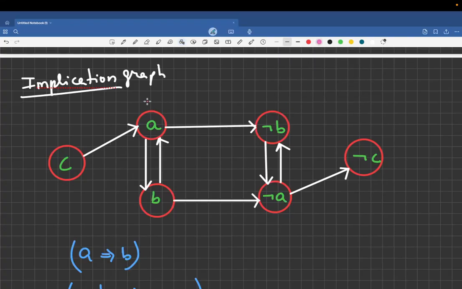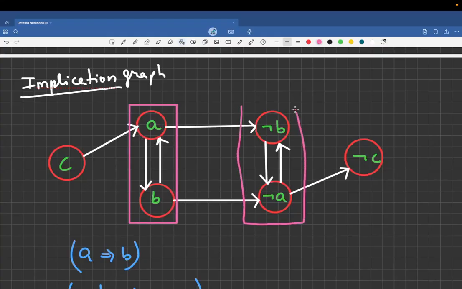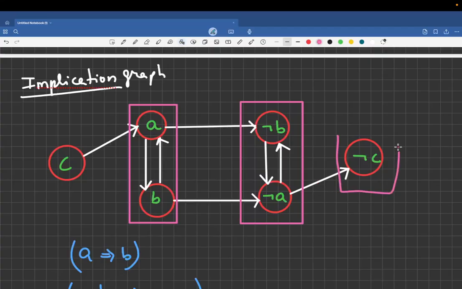Okay. So as I can see over here, this is one strongly connected component. This is the other strongly connected component. This is one strongly connected component. And this is the other strongly connected component.